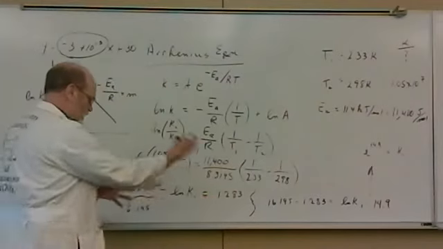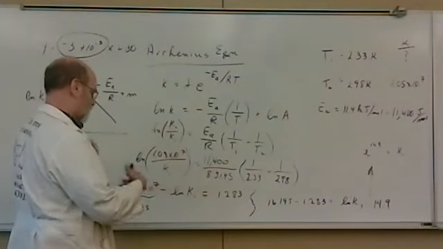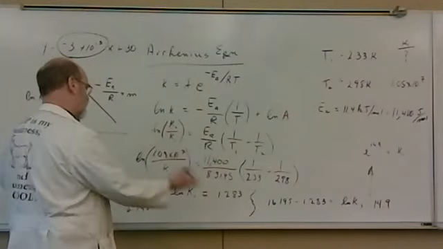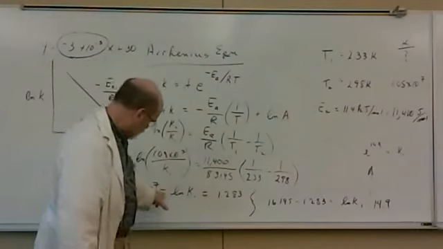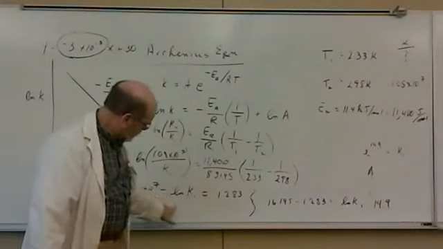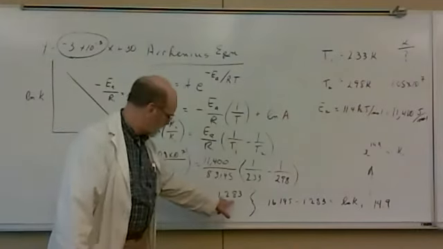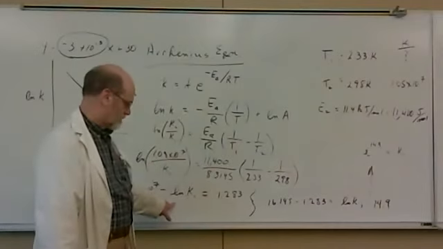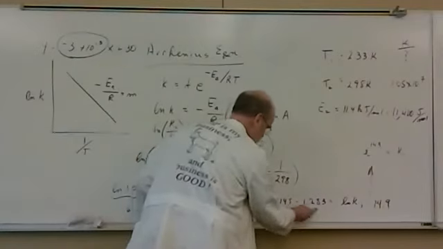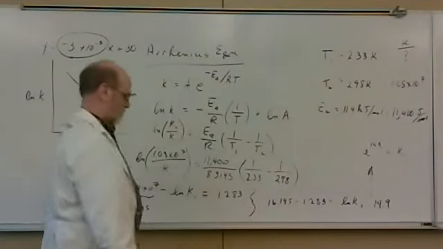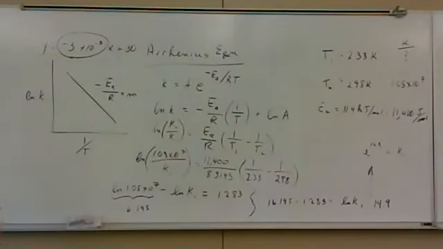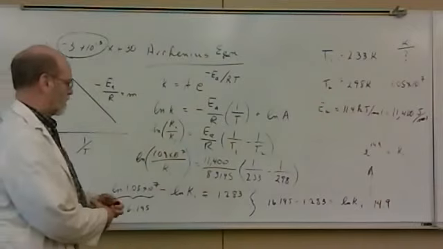So now we rearrange the equation to put K1 on its side of the equation and everybody else on the other side. Since this is negative, I put it over here and it becomes positive. Then I put this one over here and it becomes negative. So we got 16.195 minus 1.283 equals a positive log of K1.